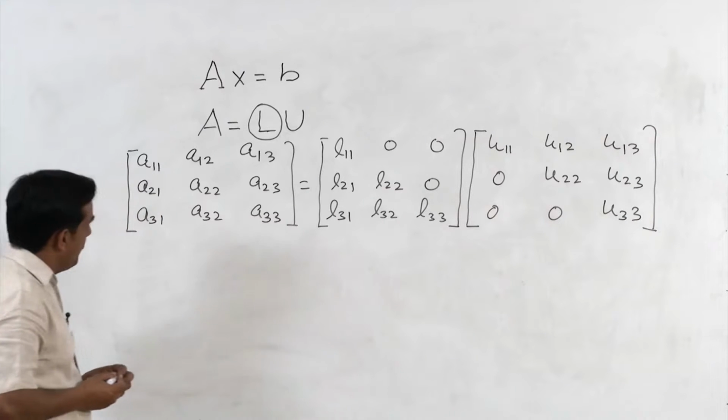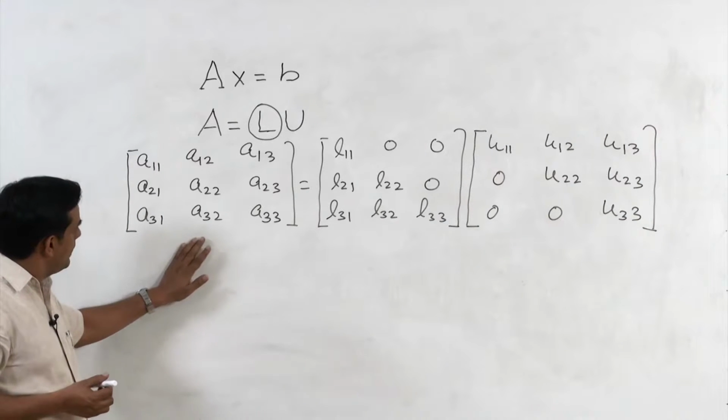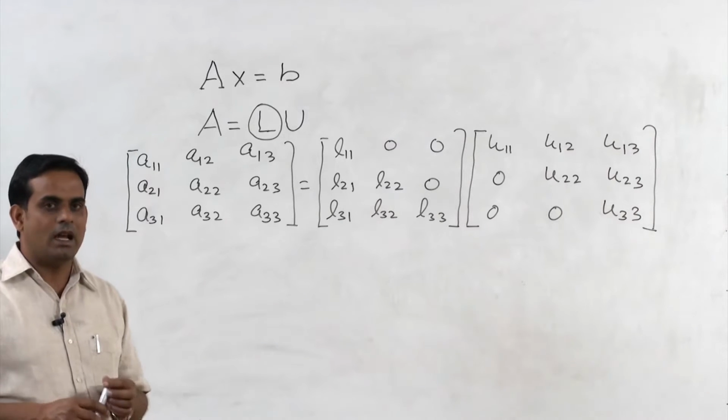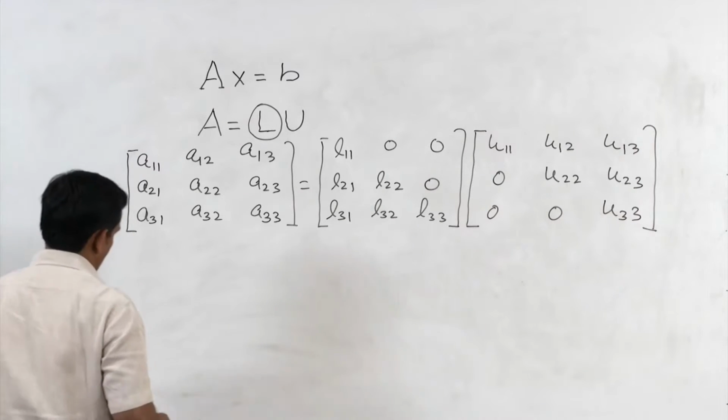Now, if we look at the left hand side, we have a total of 9 entries, and these 9 entries are known to us.